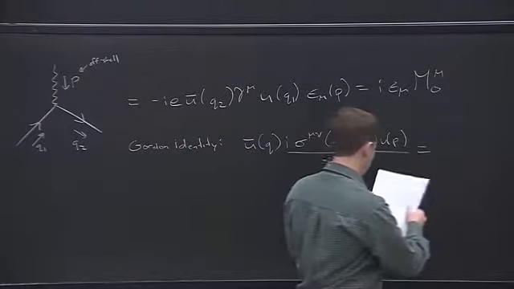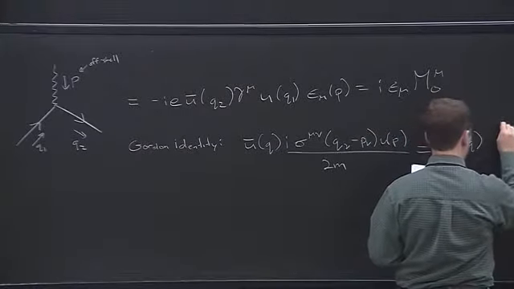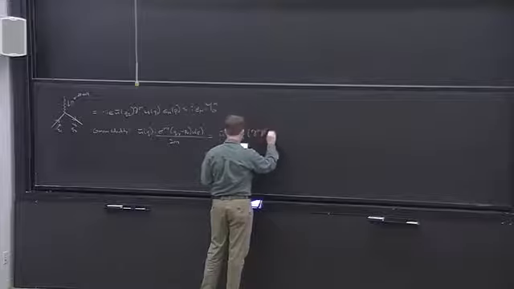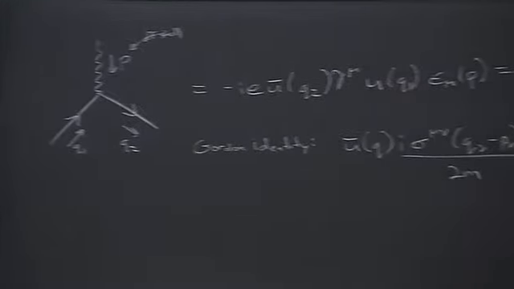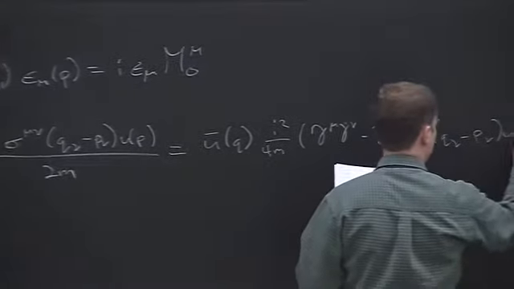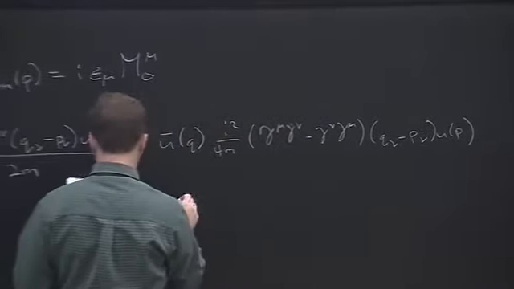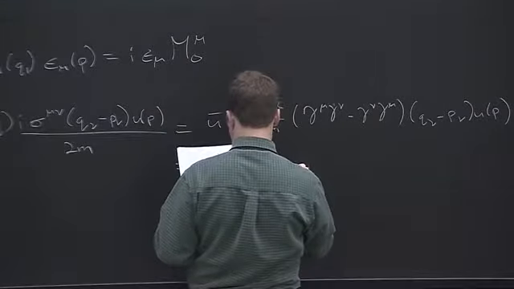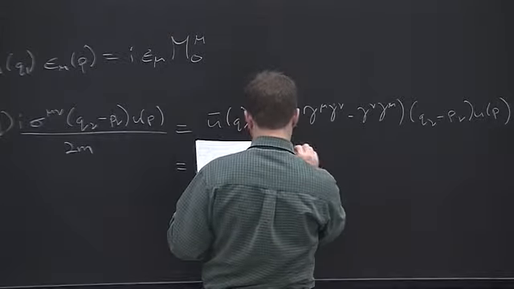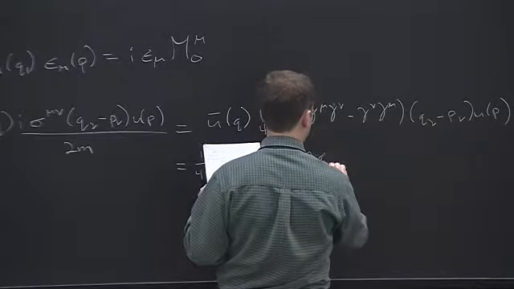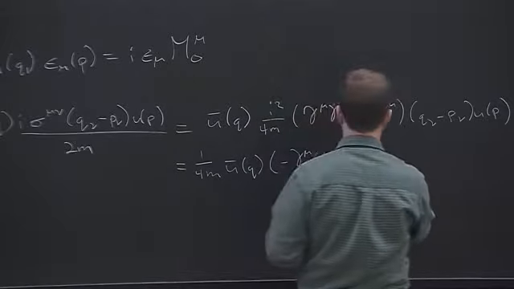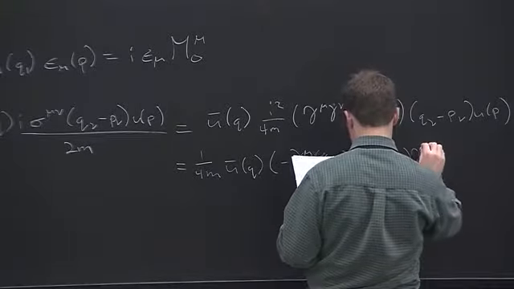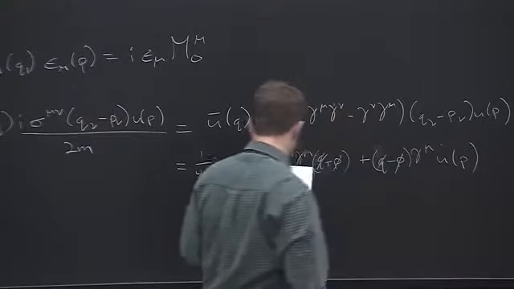So just using the definition of σ, we can write this as ū(q) i² over 4m (γ^μ γ^ν − γ^ν γ^μ)(q_ν − p_ν). And this is just 1 over 4m ū(q) [−γ^μ (q̸ − p̸) + (q̸ − p̸) γ^μ].